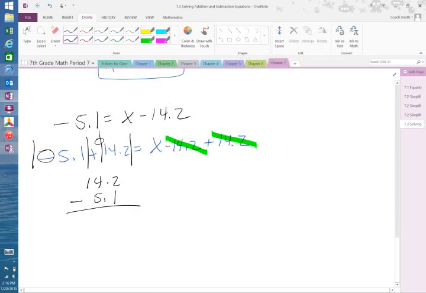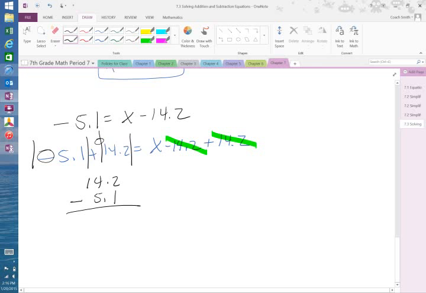That's the absolute values. The absolute value of negative 5.1 is positive 5.1. The absolute value of positive 14.2 is positive 14.2. I take the larger number and I subtract the smaller absolute value from it. That's why it's 14.2 over 5.1.